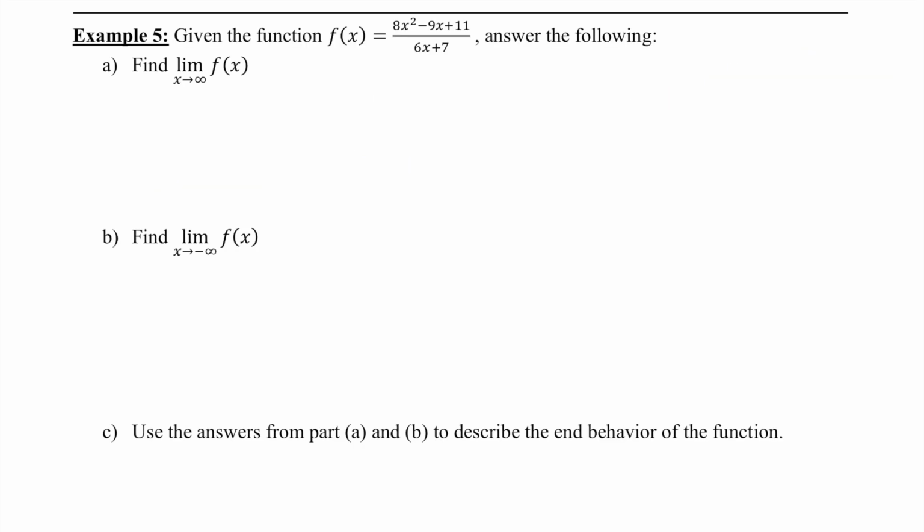Now, let's look at the next example. We're given f of x equals 8x squared minus 9x plus 11 over 6x plus 7. We want to find the limit of f of x as x approaches infinity. So first, let's replace f of x with this fraction.